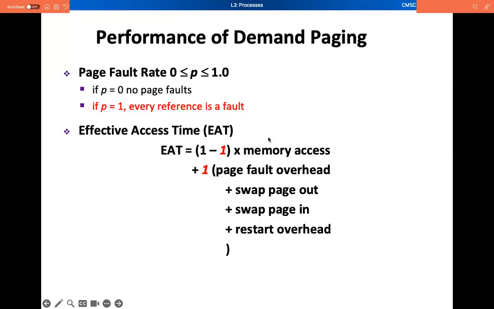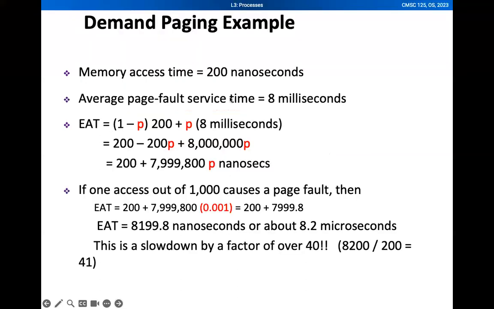That would be 0, right? And the effective access time will be 1 times the page fault overhead plus swap page out, swap page in, plus restart overhead. But of course, note that the page fault rate can range between 0 and 1, not just the values 0 or 1.